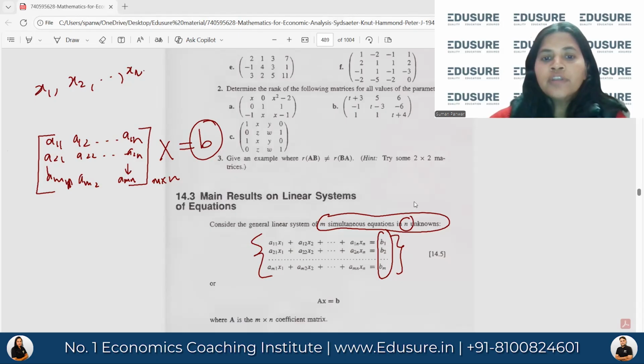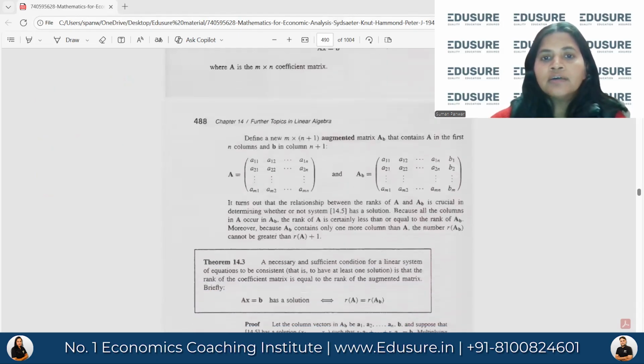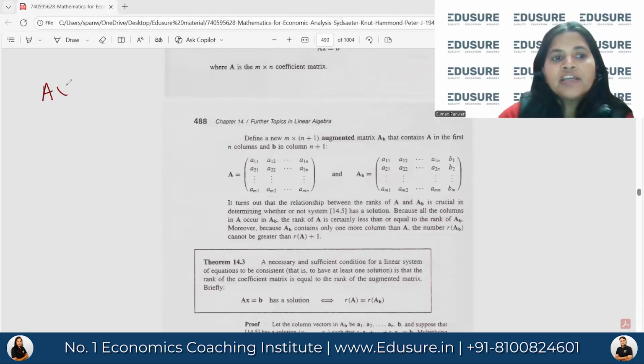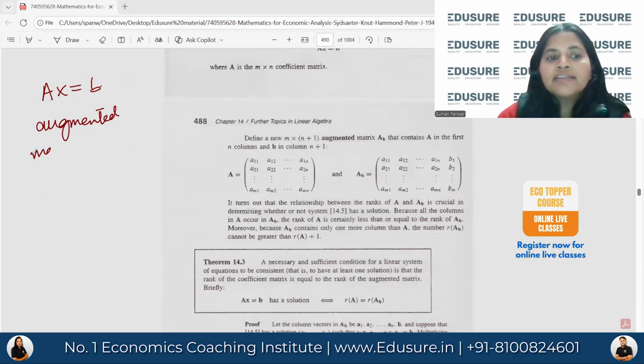All right. So now, if we have Ax equals B, the augmented matrix is defined as follows.